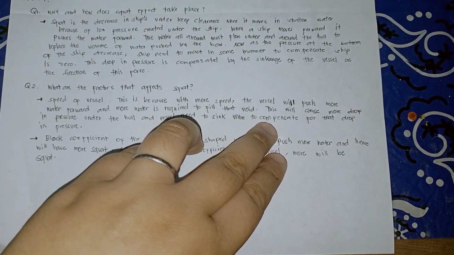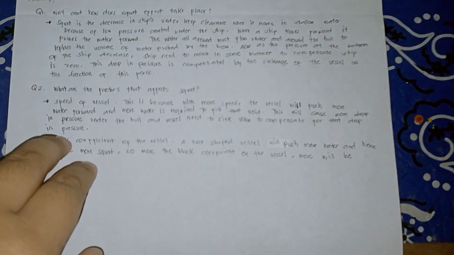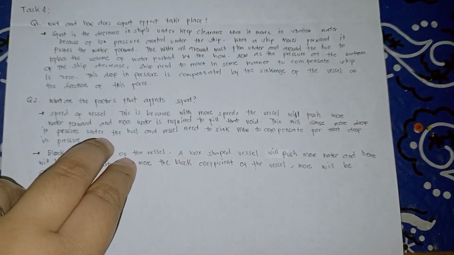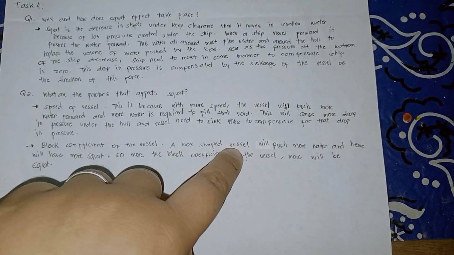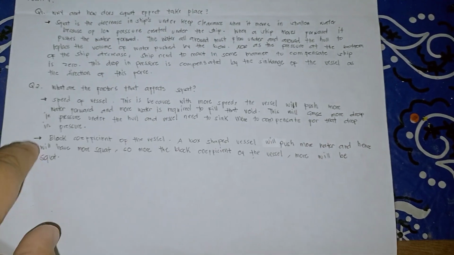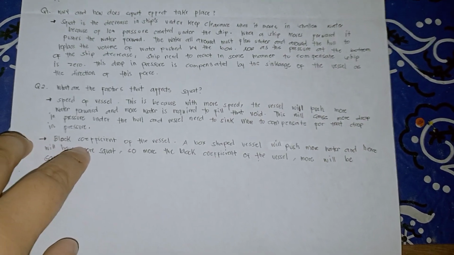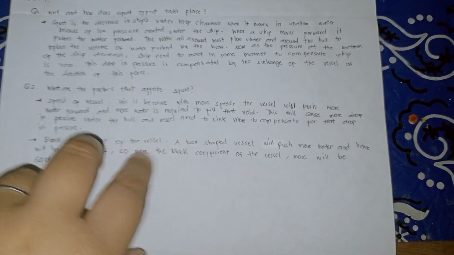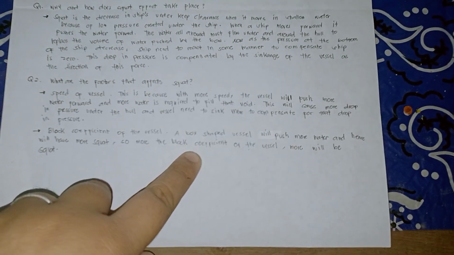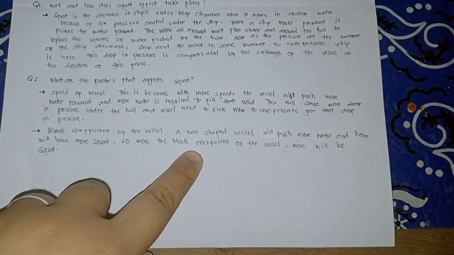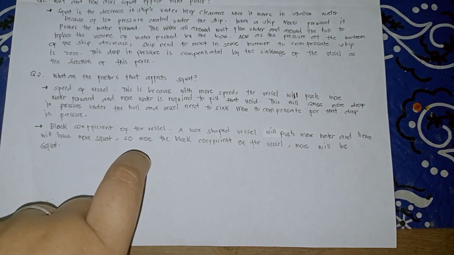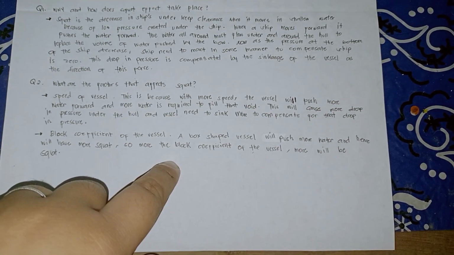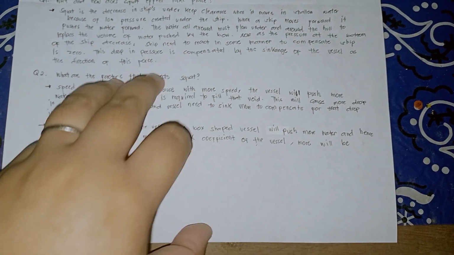This will cause more drop in pressure under the hull and the vessel needs to sink to compensate for that drop in pressure. Block coefficient of the vessel. A box-shaped vessel will push more water and hence will have more squat. So, the more the block coefficient of the vessel, the more will be the squat.